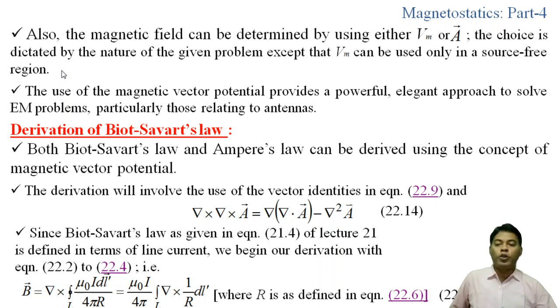Now we are going to derive the Biot-Savart's law as well as Ampere's circuital law using the magnetic vector potential. For that, we need to use two vector identities.